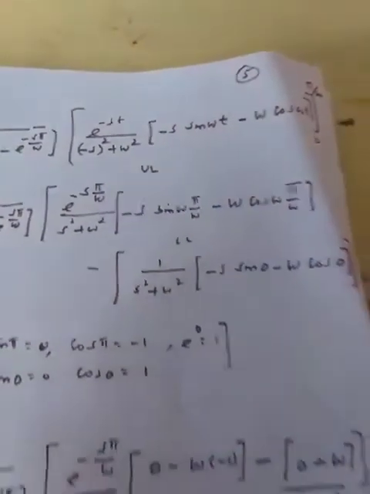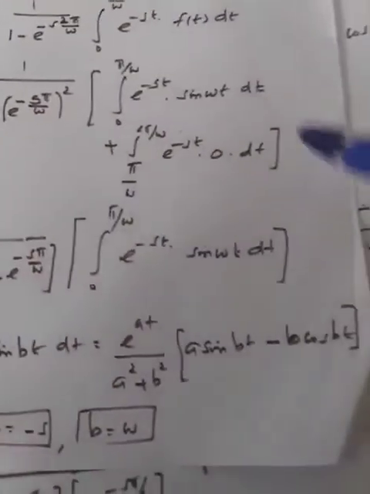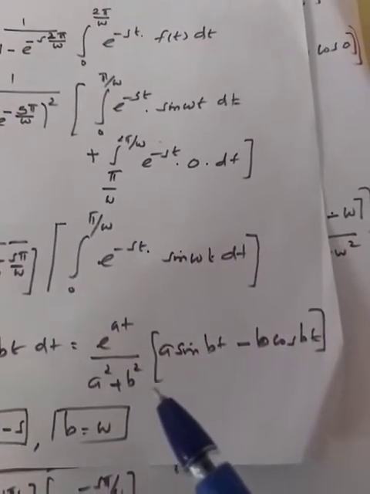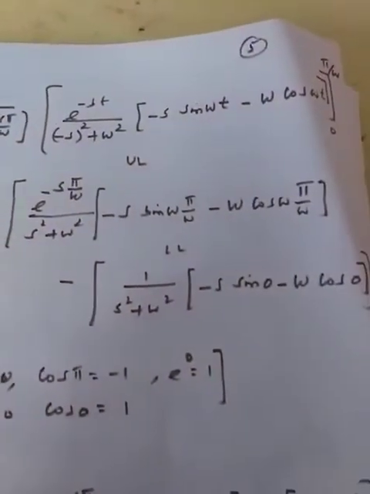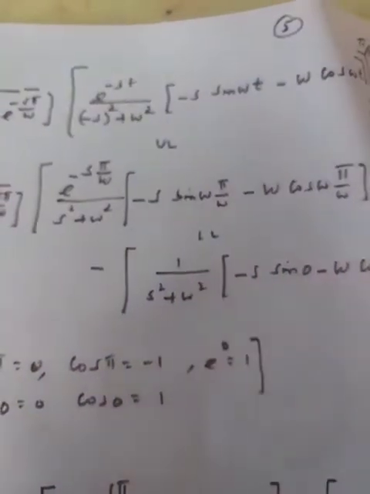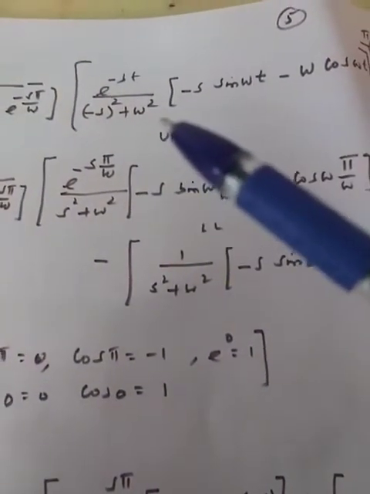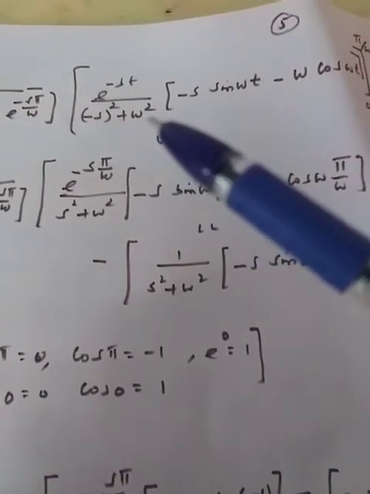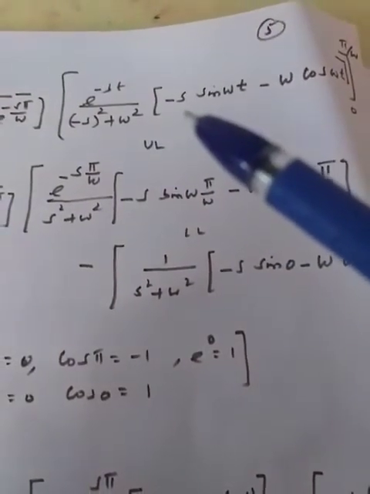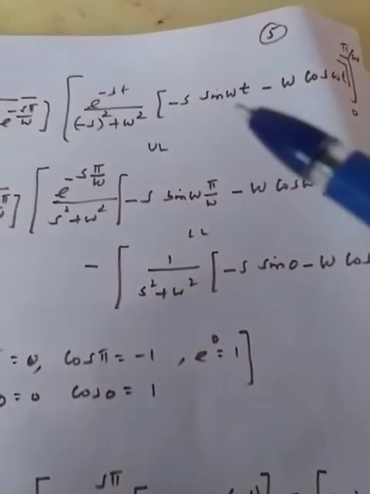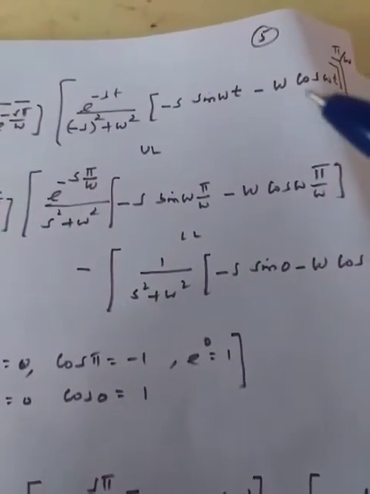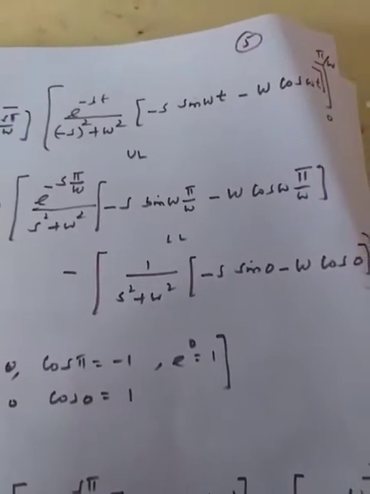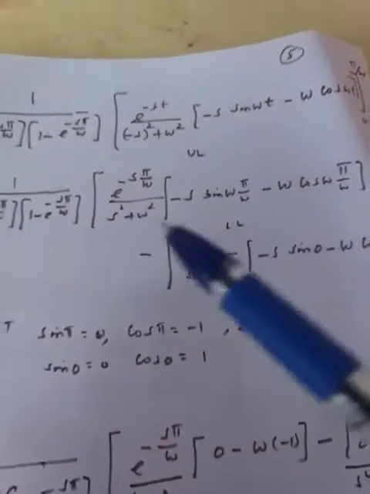Look at the formula: e power at by a square plus b square, a sin(bt) minus b cos(bt). So e power minus st by a square plus b square, which is minus s whole squared plus omega squared, times a, which is minus s, sin(omega t), minus b cos(bt), what is b? Omega, omega cos(omega t). The limit is 0 to pi by omega.